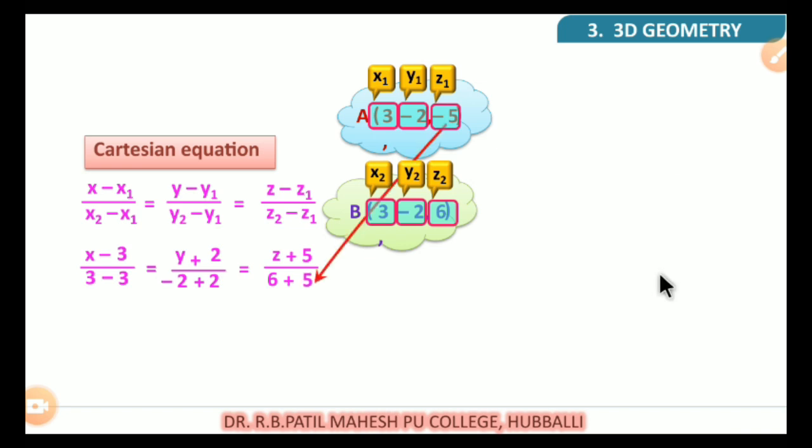After simplifying this equation, we have x minus 3 divided by 0 is equal to y plus 2 divided by 0 is equal to z plus 5 divided by 11. So this is the required Cartesian equation of the line passing through those 2 points.